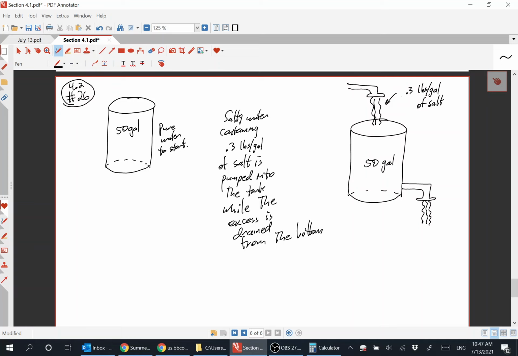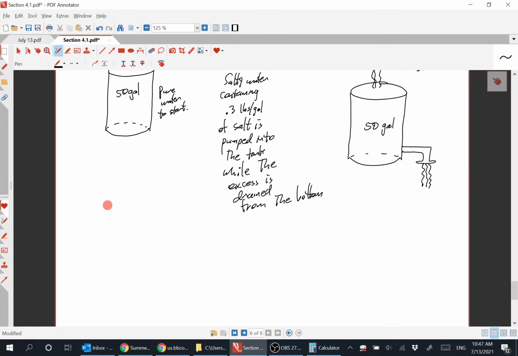It starts out with 0 pounds of salt per gallon, and it should start approaching 0.3 pounds of salt per gallon. The quantity of salt in the tank in pounds at time t, so what is it in this problem?